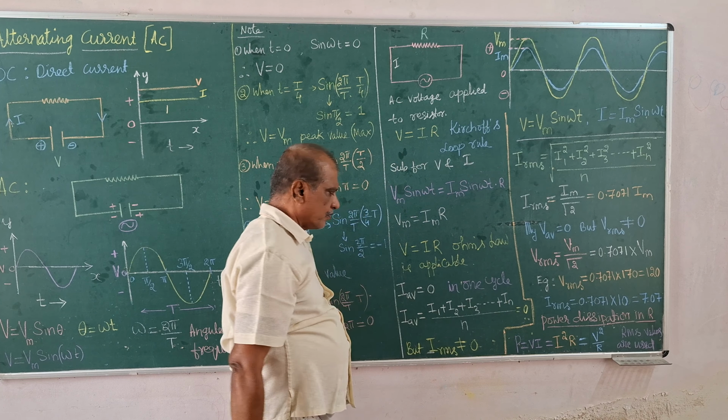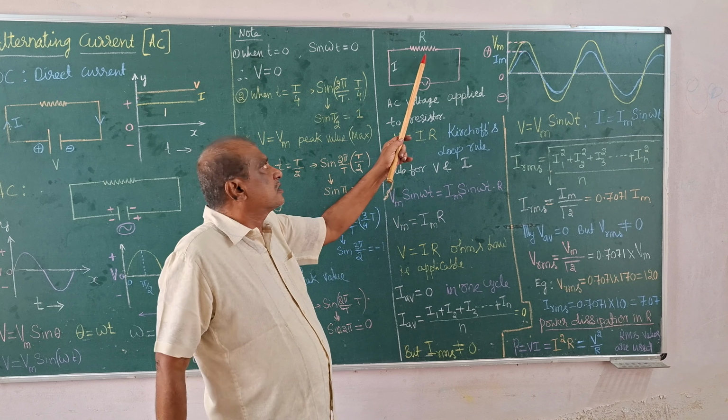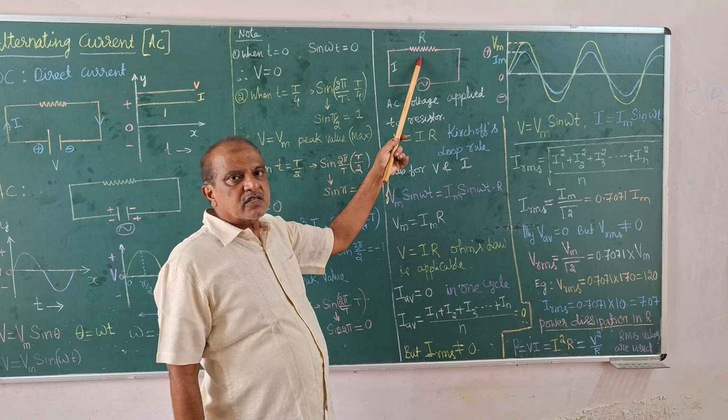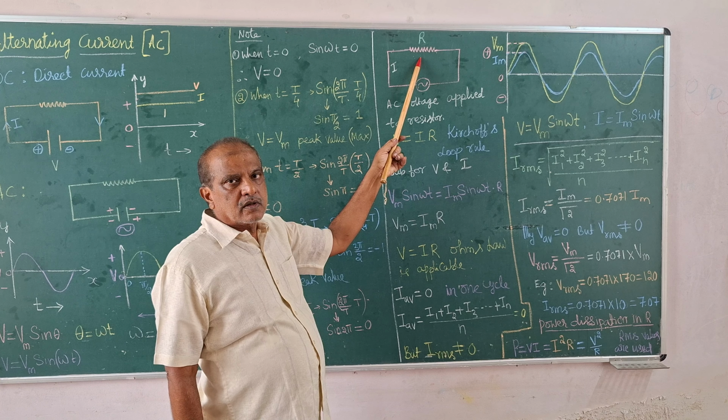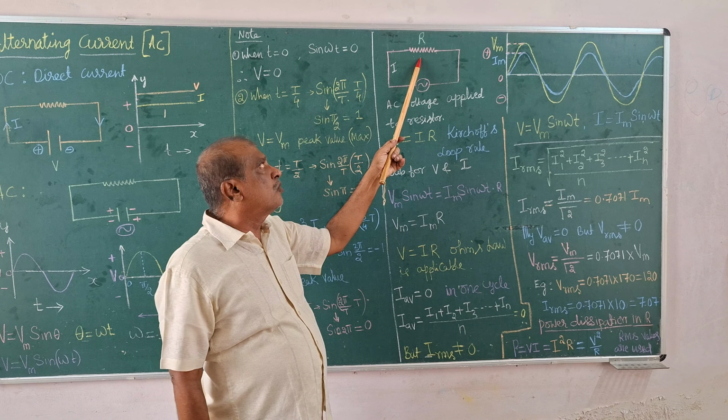No. There is transmission or dissipation of energy at this resistor. What is dissipation of energy? Some amount of electric energy changes into heat and is liberated as heat energy. That is called dissipation of power in a resistor.